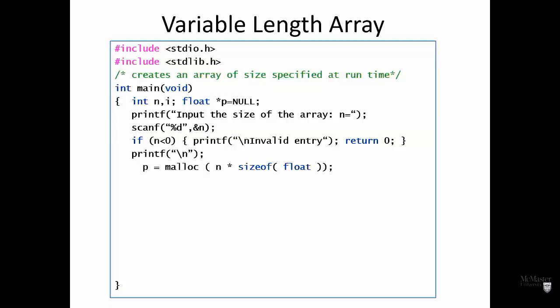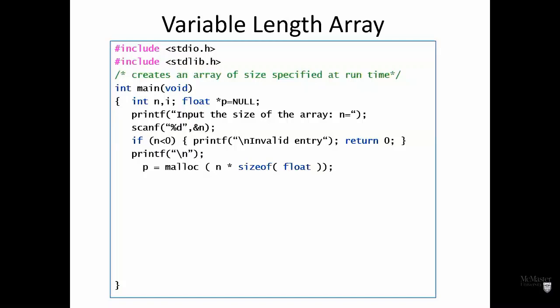We have an array of size n, but I know each entry in this array has a size of 8 bytes. This is what sizeof is doing. sizeof is a function in C that takes multiple different things as input. It's like a magic function. It can take a data type, as you have here, sizeof float. We used this before to check what is the size of int on our machine.